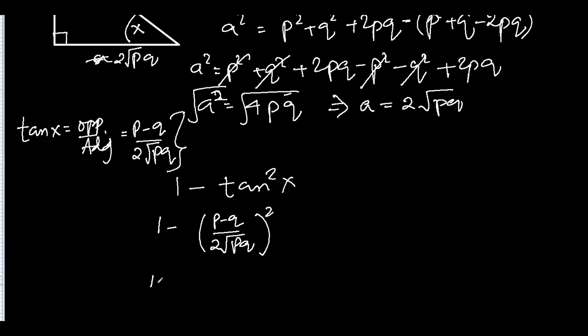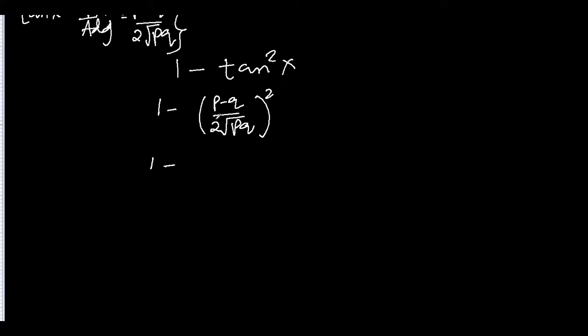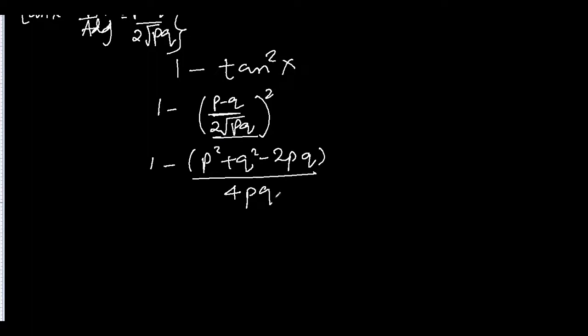So 1 minus, okay, the square of P minus Q will be, let's put a bracket here, P square plus Q square minus 2PQ, divided by the square of this, which will be 4PQ, what we square rooted earlier to find the adjacent. Alright, so let's multiply this by 4PQ over 4PQ to have the same denominator.